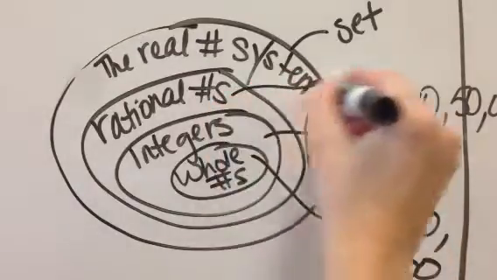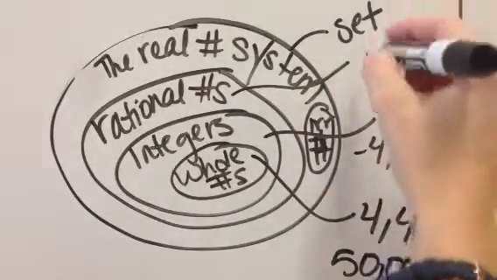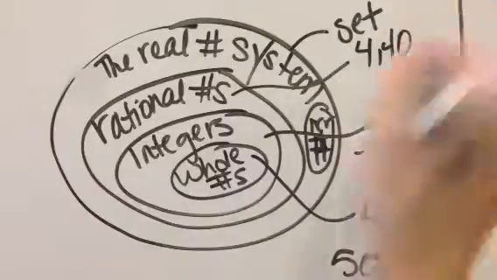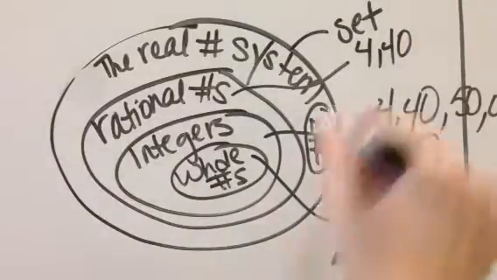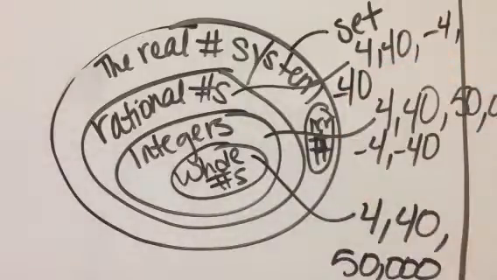And then we have our rational numbers. This is just where everything else falls. So of course, 4 and 40 are rational numbers as well as whole numbers. -4 and -40 are also rational numbers, but they are also integers. And then we have everything that's left over.